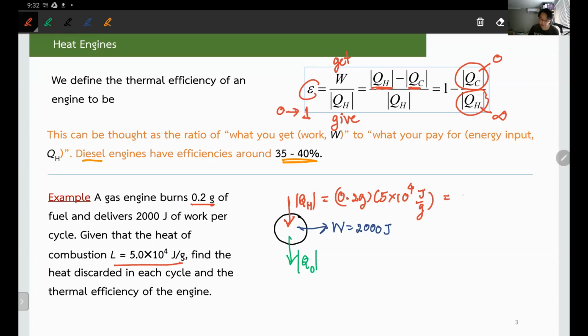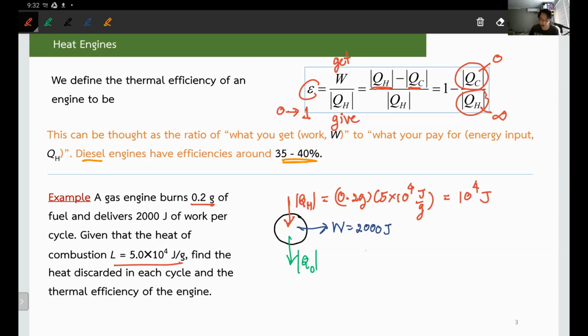You get 10 to the third joule, 10,000 joule. Oh, sorry, 10 to the fourth. That's kind of small. Here we go. So you get 10,000 joule of Q hot, provided by that gas burning.